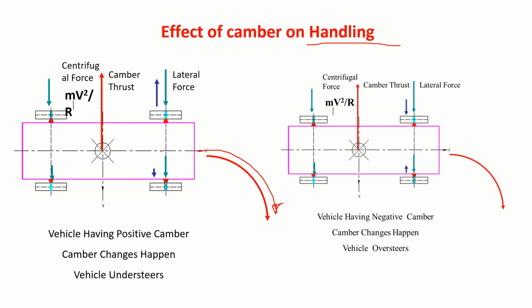By chance, after giving the theoretically calculated steering input, the vehicle does not follow this path. Instead, it may start following this path. So to bring it to this path, I have to steer more. This I call the understeer condition.